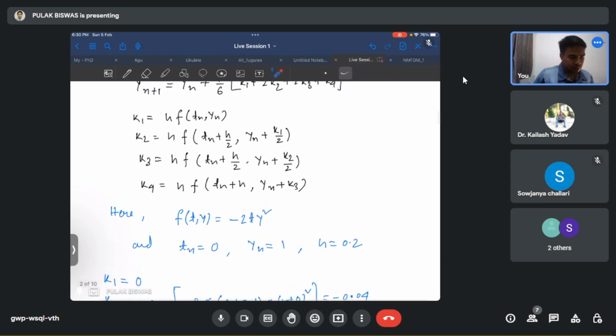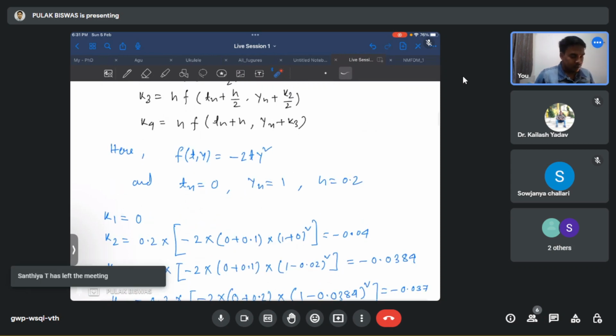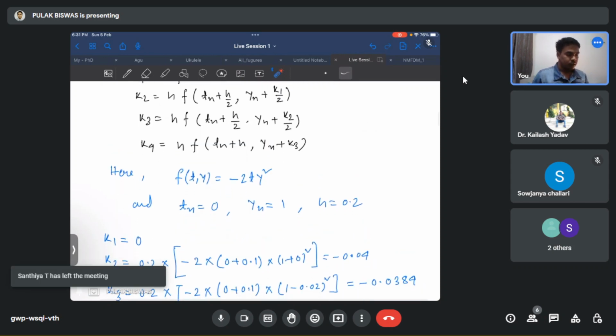Now we can calculate this k1. What we will do is 0.2, the h value, multiplied by the function. This is minus 2 times t, which is 0, times y, which is 1, squared. So that is why it is coming 0. Now for k2, we have the formula 0.2 times f, but here t and y will be modified like this.